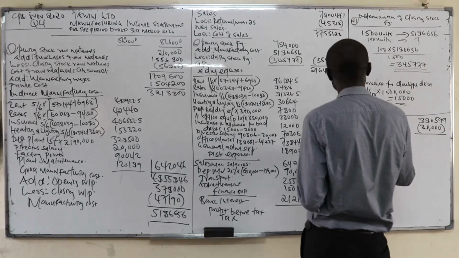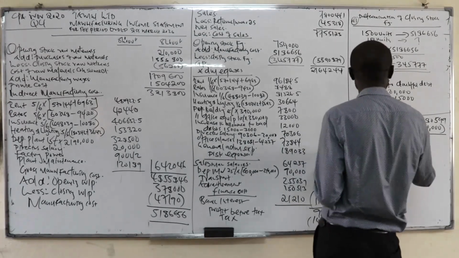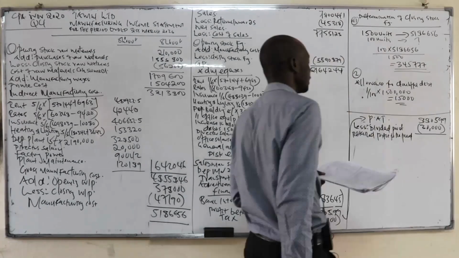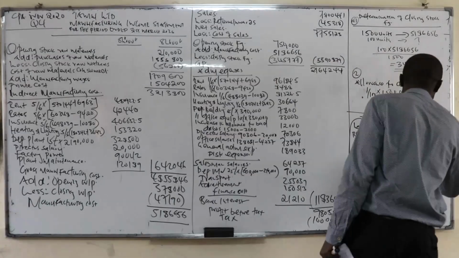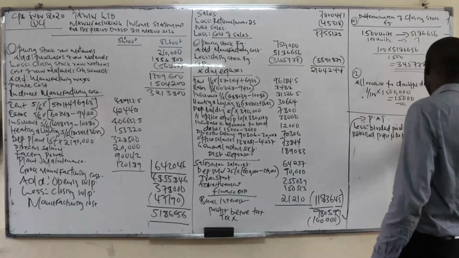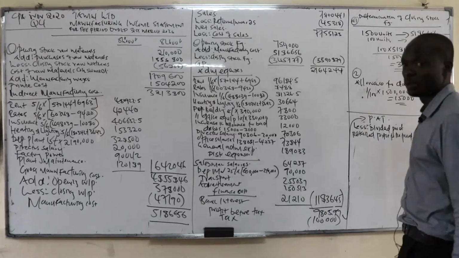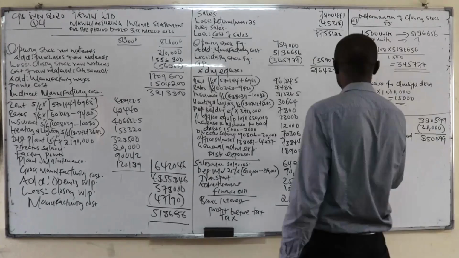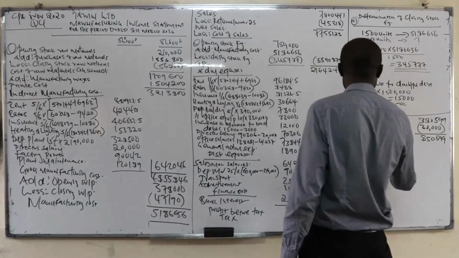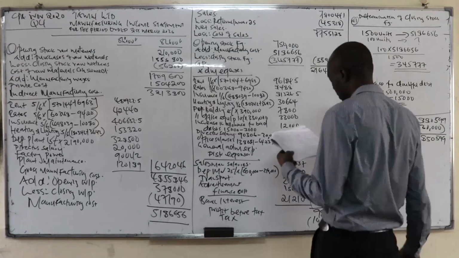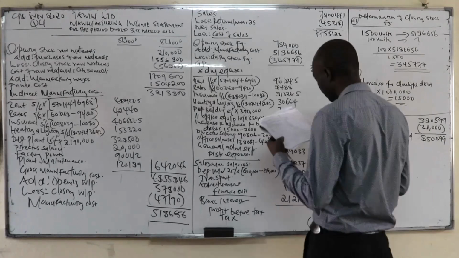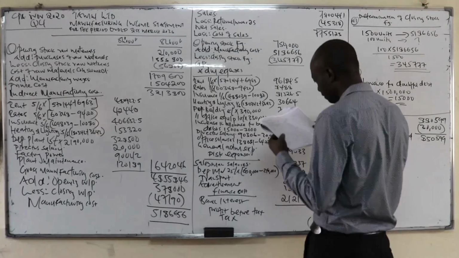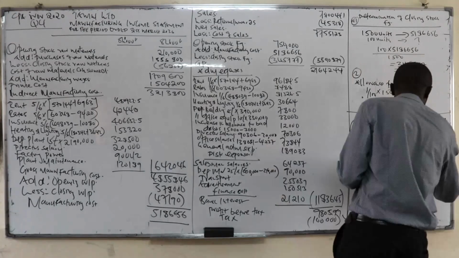Retained profit for the period, which is how much? 880, 850, 599. Then you add retained profit balance brought down, retained earnings balance brought down, which is how much? $127,425.